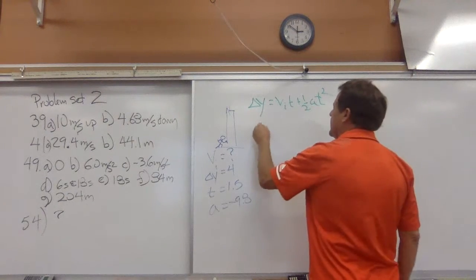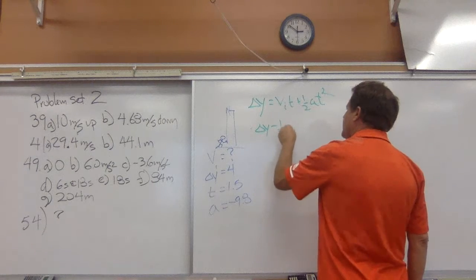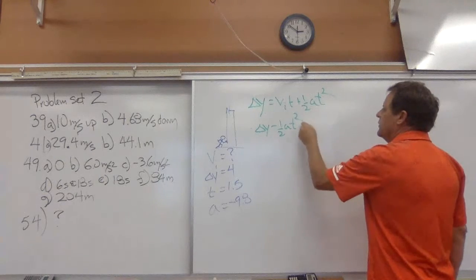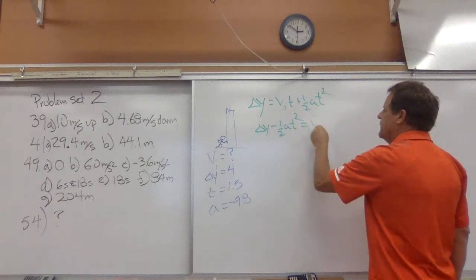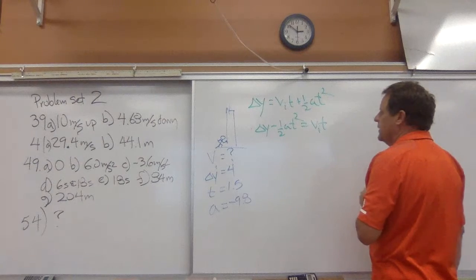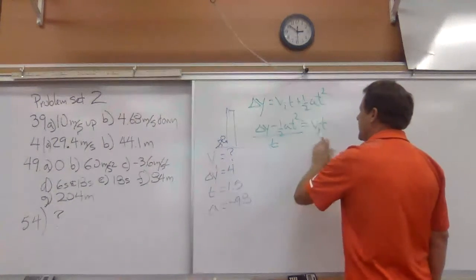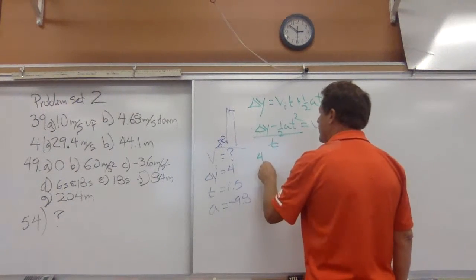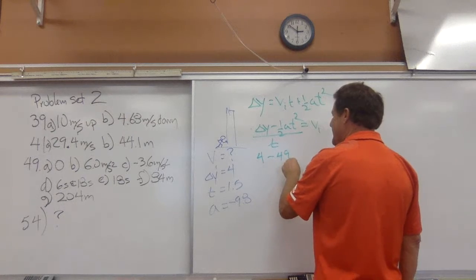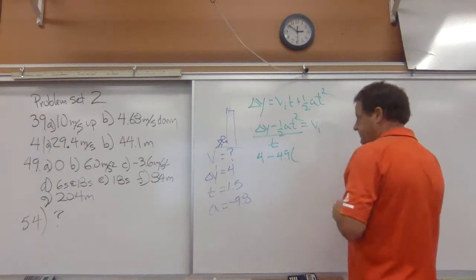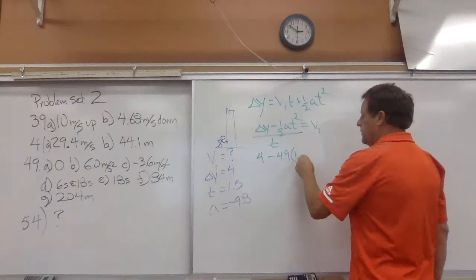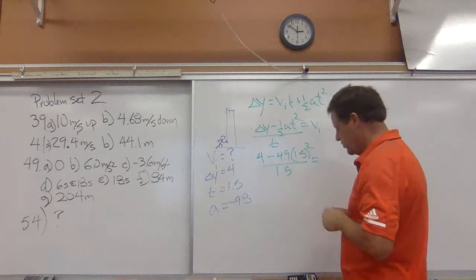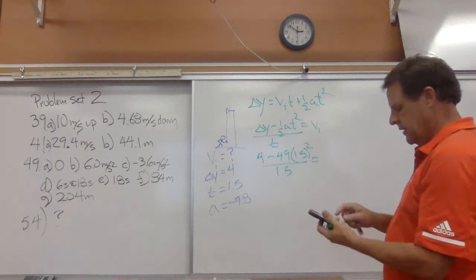So we're going to say delta y minus 1/2 a t squared is equal to v_i t. And then we're going to divide by t, and we're going to get our initial velocity. So we have 4 here minus 4.9 times 1.5 squared divided by 1.5, and that should give us the velocity.